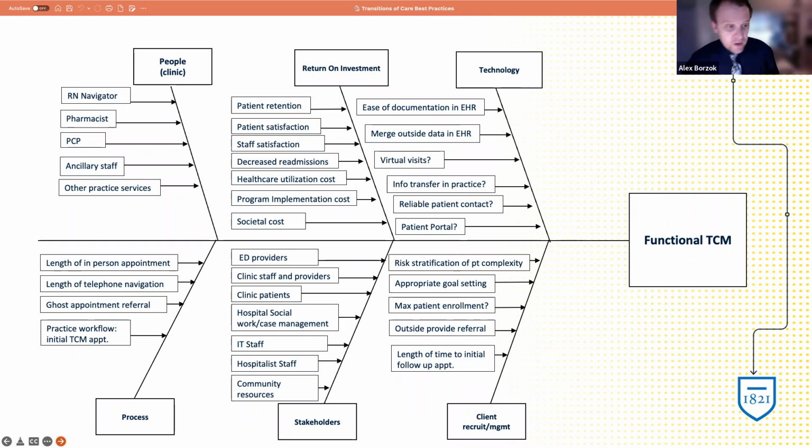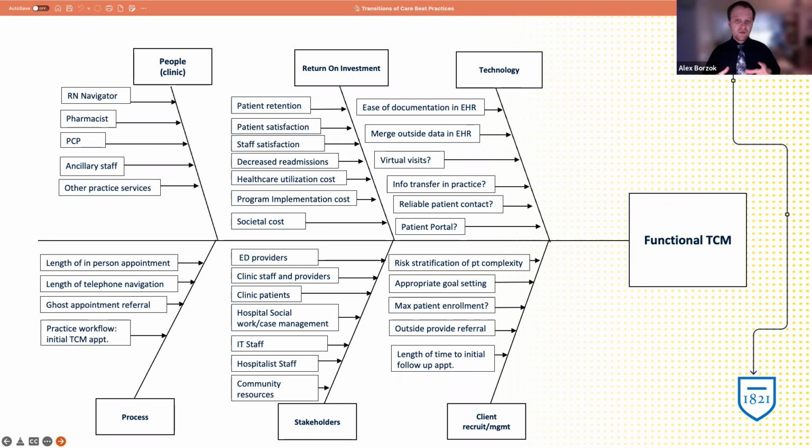This fishbone diagram I put together and put up here in this presentation just to kind of give you an idea of all of the different components that go into making a functional transitions of care program. We talked about before the 7 essentials and the 5 standards of transitions of care programs.